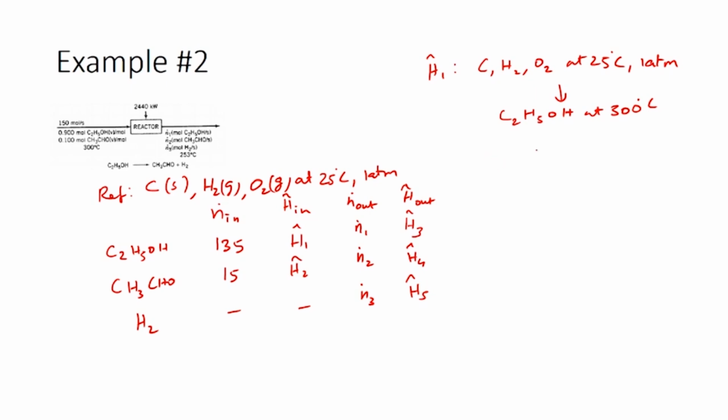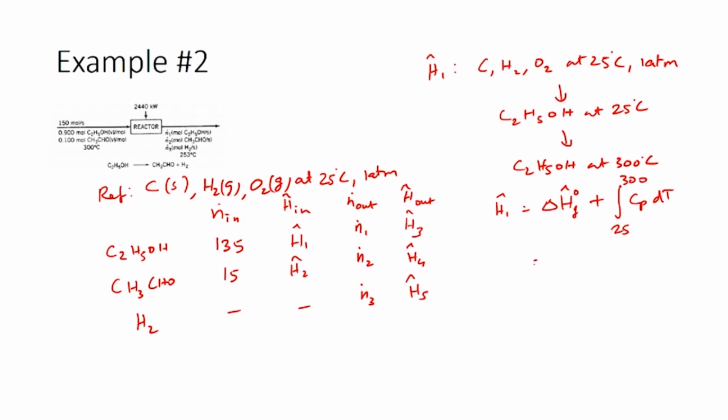So, you have this going to ethanol at 25 degrees Celsius and then going to ethanol at 300 degrees Celsius. From here you can calculate H1 cap: the first step is the heat of formation, so the standard heat of formation for ethanol can be used for the enthalpy of the first step, plus the integral of Cp of ethanol dT from 25 to 300 degrees Celsius. This would give you a value of minus 212.19 kilojoules per mole.